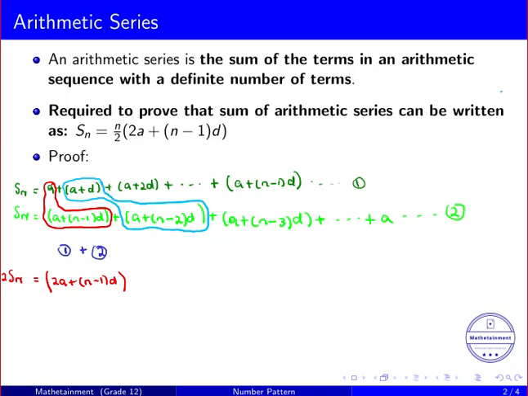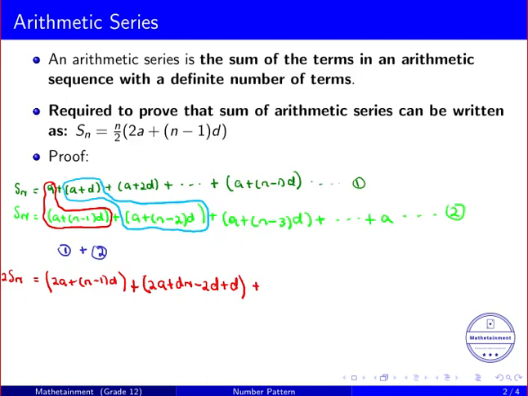So it becomes, here you have a plus a, you have 2a plus, you say n times d, dn minus 2d, minus 2 times d is minus 2d, and then you plus d, you plus this d, close the bracket.